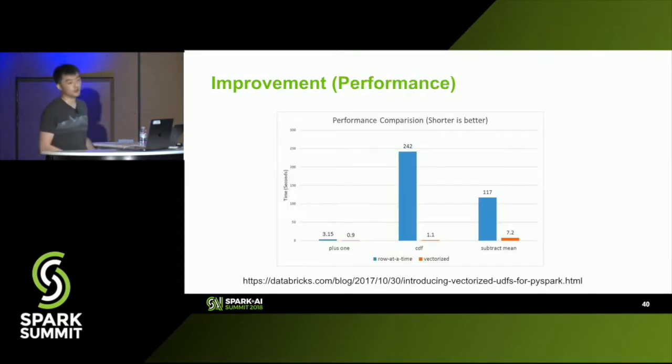There's also a performance improvement, which was also shown in the blog post here. The idea is we can get a performance improvement anywhere from 3x for a simple +1 UDF to over 100x if we're doing something like a CDF function, for instance, using SciPy.